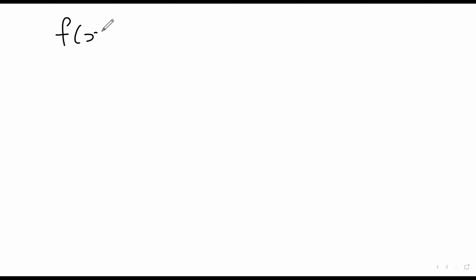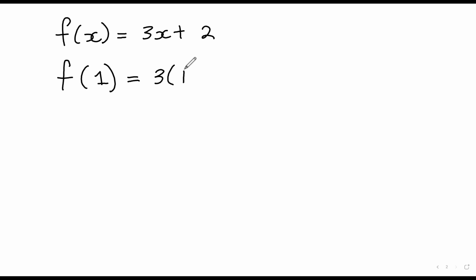If I have the function f of x is equal to 3x plus 2, and I want to know what is the value of the function when x is 1, how would I find that? You replace wherever you see x with one. Right, I'll replace x with 1. So that would be three open brackets, one, plus two.